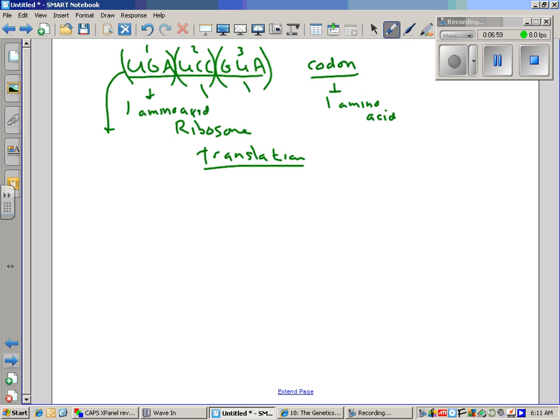So at the ribosome, its job is to match up. So in translation, we match the correct amino acid with its codon.